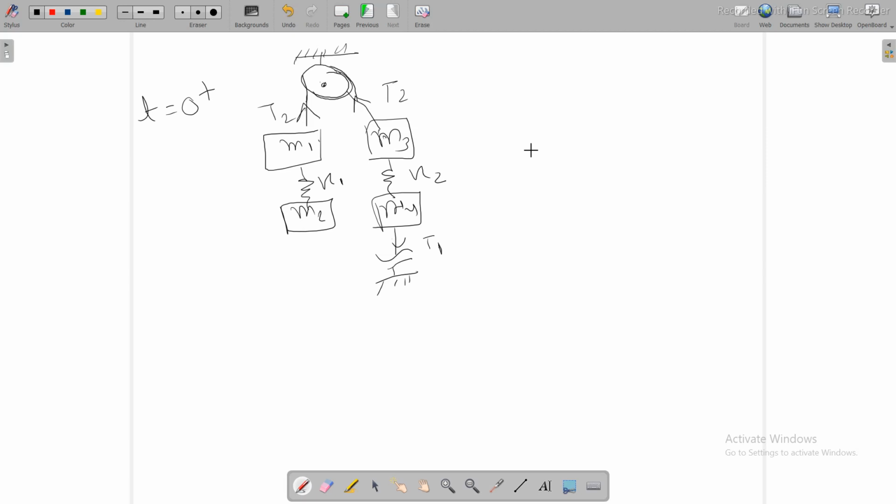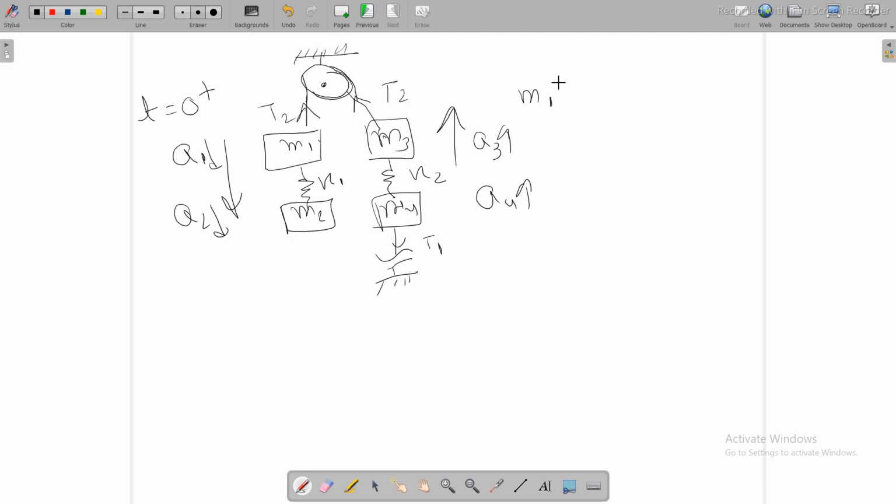At the next instant, similarly, there will be a change in the system, but I am especially considering immediately after the string is cut, or t equal to 0 plus. Therefore at mass m1, just assume that there will be accelerations a1, a2, a3 and a4, which we have to calculate.